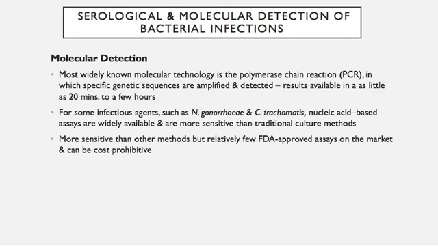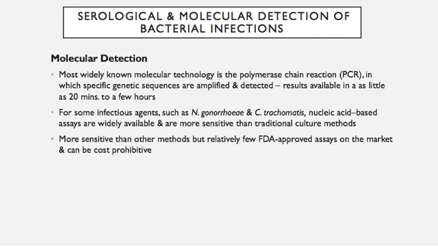And depending on the thing that the test is looking for, you can have results available in as little as 20 minutes to a few hours. But when we're talking about some of those bacterial or viral or parasitic pathogens, that 20 minutes to a few hours is much, much faster than trying to identify it in culture.